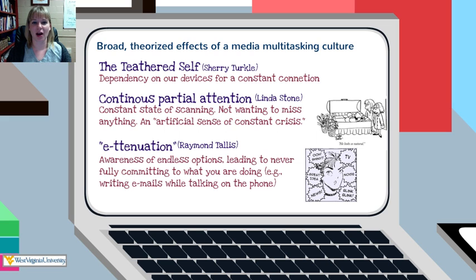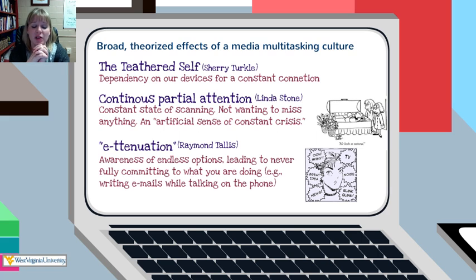We spread it out because there's always something new and shiny, and we need to keep scanning our environment to make sure we don't miss anything. She calls it an artificial sense of constant crisis, which doesn't sound like a very good or relaxing thing to always be on, right? But the idea of always looking for multitasking opportunities, feeling confident that we can do it, leads to this attention that's not really focused on one thing, but instead distributed across different points of interest.